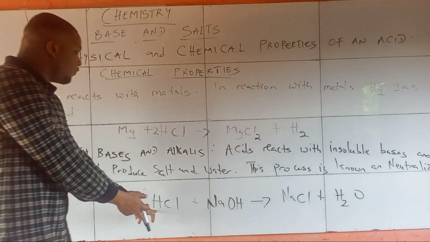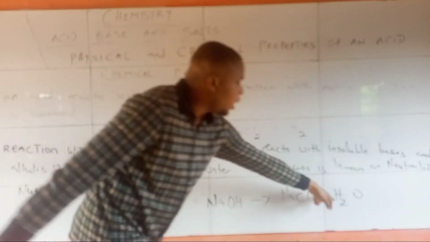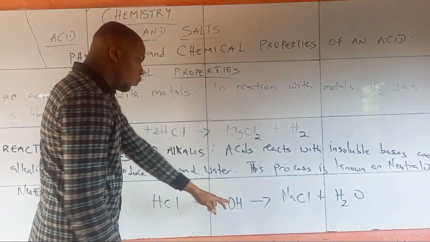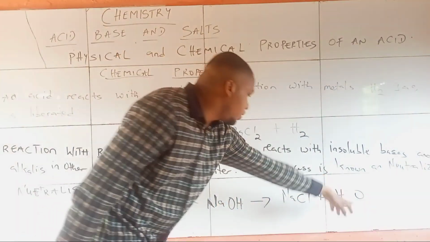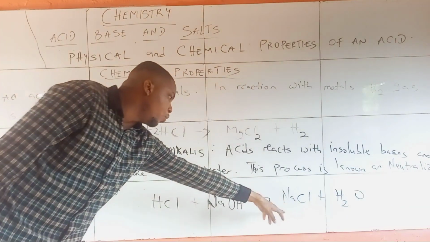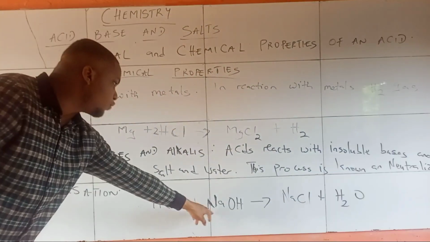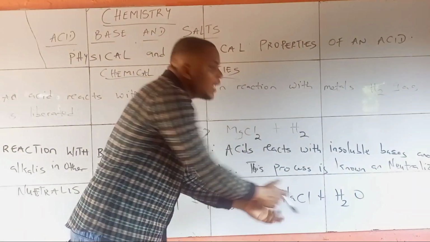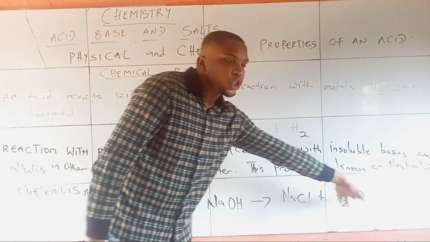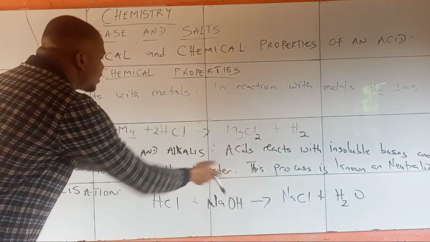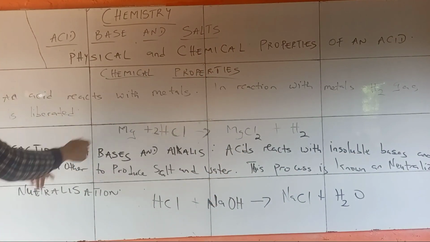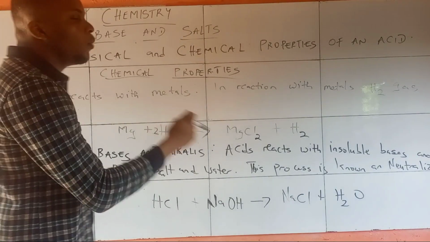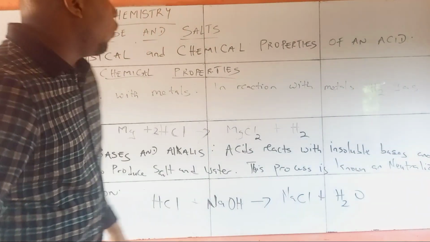Chemically balanced. Two atoms of hydrogen, two atoms of hydrogen, one atom of oxygen, one atom of oxygen, one atom of sodium, one atom of sodium, one atom of chlorine, one atom of chlorine. Sodium chloride is a salt. Our H2O is what? Water. So this equation explains the reaction with bases and what? Alkalis. Okay?